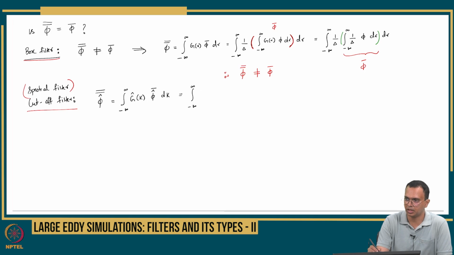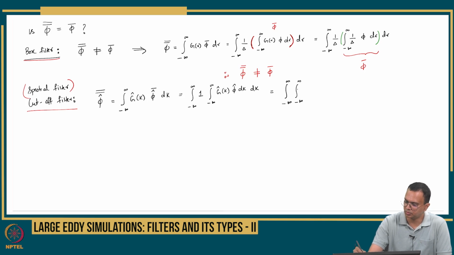What is g cap of k? It should be 1, and then I have the integral from minus infinity to infinity. If I take the g cap filter, phi bar is now again g cap of k phi cap dk, so it is equal to the integral from minus infinity to infinity, the integral from minus infinity to infinity, this is 1 again, right?